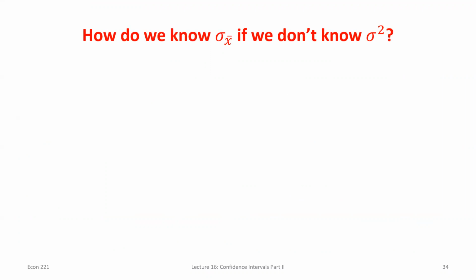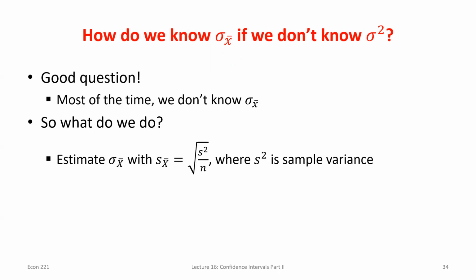So, we started out with these examples where we didn't know the population mean, but we somehow had the population variance. And we said, yeah, this is kind of weird, not very practical. More often than not, we're not going to have a known population variance if we don't know the population mean. So it's a good question. What do we do? We basically just calculate a sample variance from our sample, and then we use that instead of a population variance.